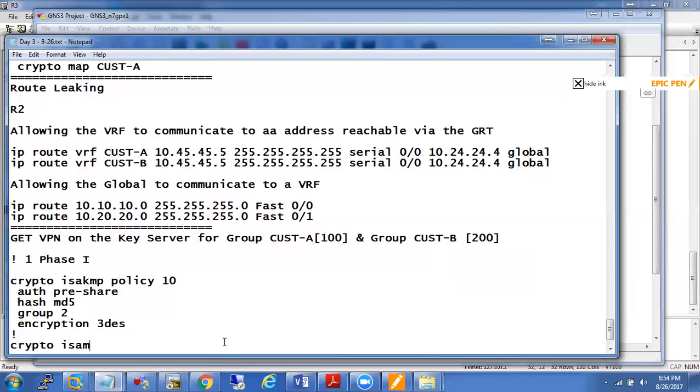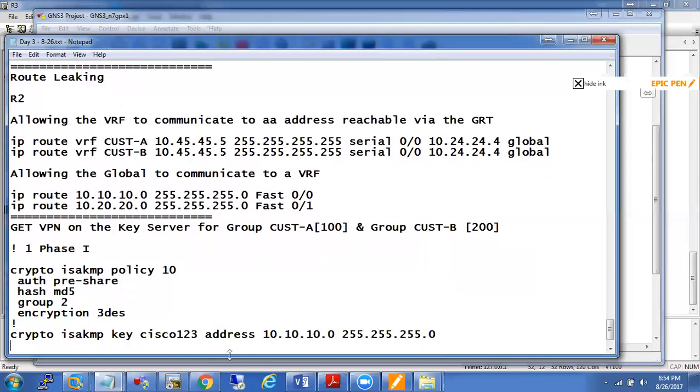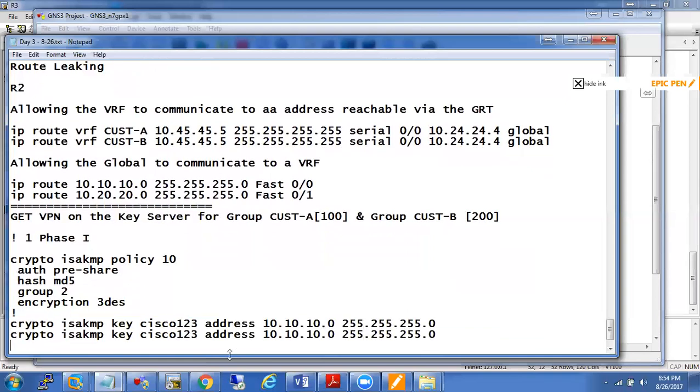So normal ISAKMP key, Cisco123, address, and you can do this for the address. So this is the key for anything coming from 10.10 or 10.20, because my group members are R1, R2 on the 10.10 network, R2 and R3 on the 10.20 network. So my key is done.